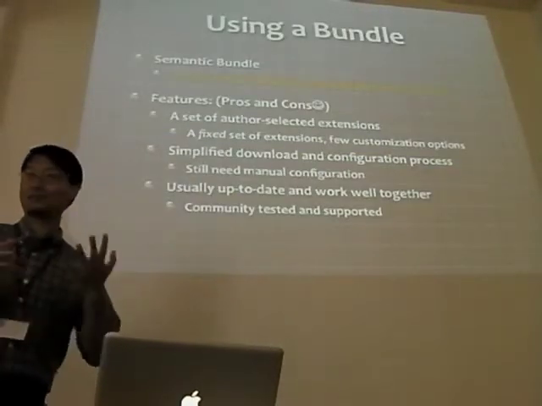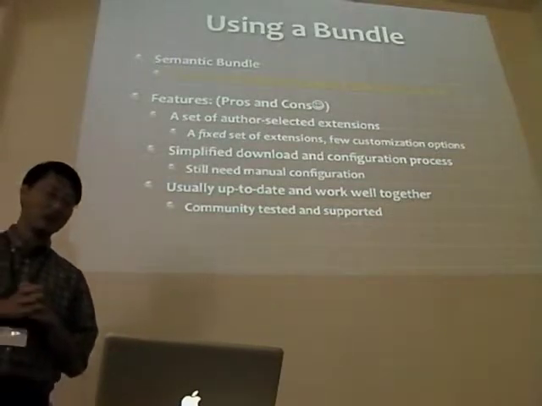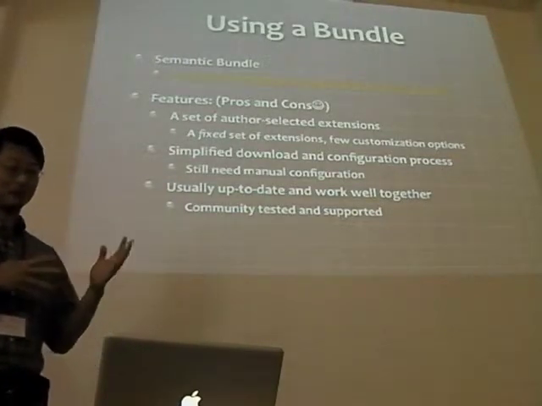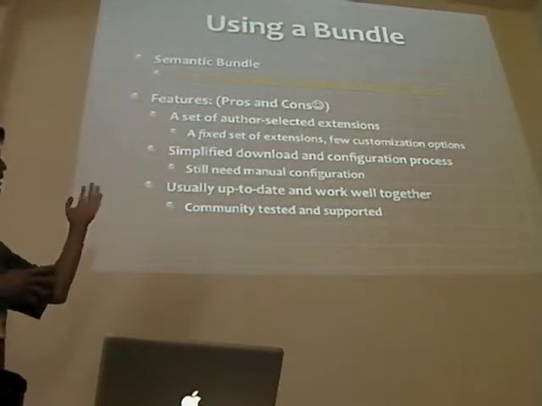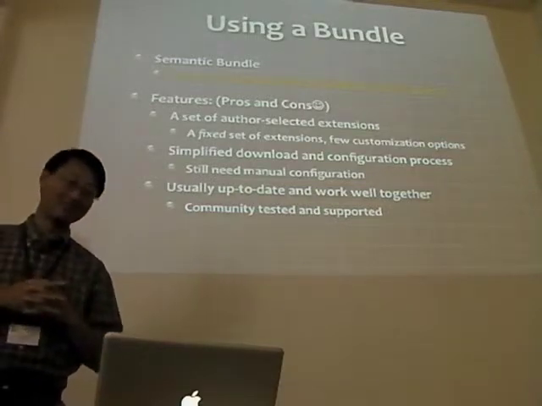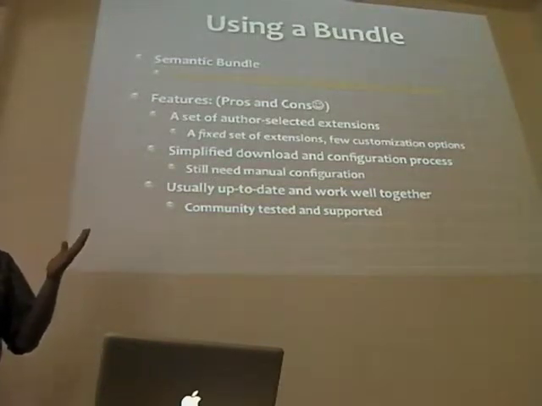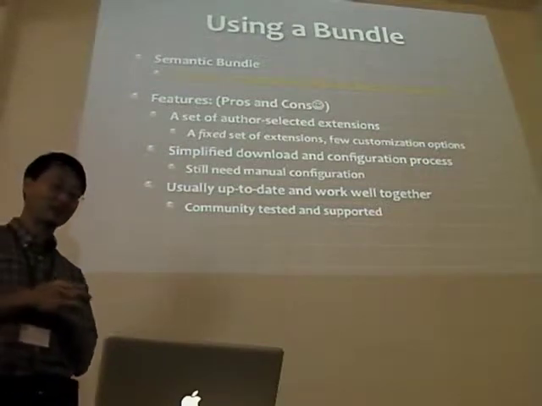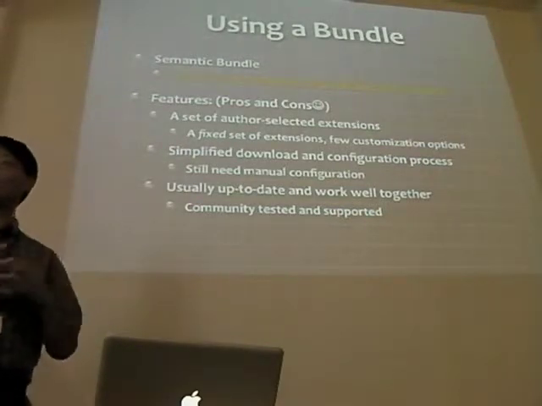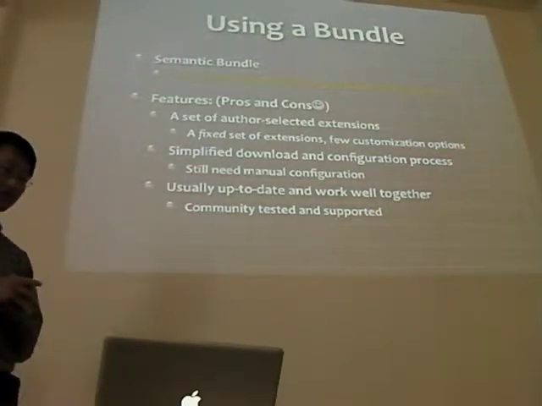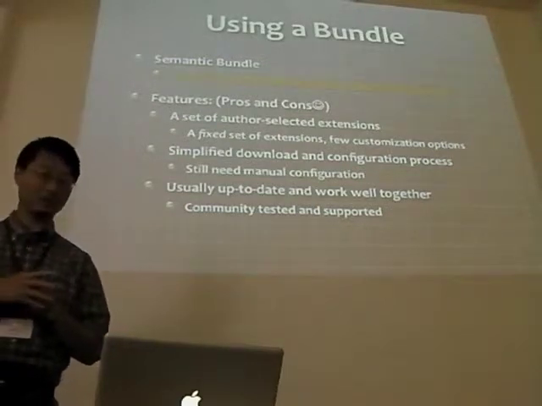The easiest way to jump start is using the bundle. The semantic bundle system is basically available. You probably haven't really got a chance to talk about that. It's a really good way to get started. It's available as a zip file archive, and also an SVN checkout. You can do either way you want.